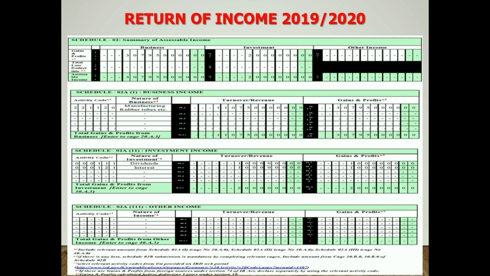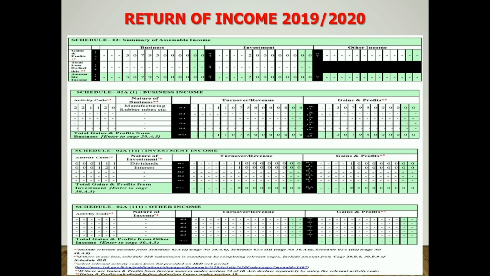Total of that subschedules should be entered in the relevant cage of the main Schedule 2 under cage number 20.A.3. You have to follow a similar way to enter the investment income under subschedule 2A2, and for other income in subschedule 2A3.